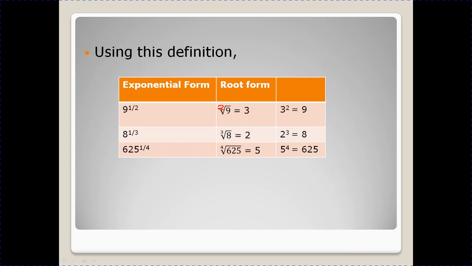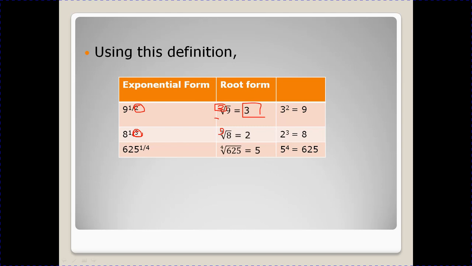So we call this the second root of 9, or square root of 9, which equals 3. Why do I have square here? Because I have 2 at the denominator. What if I have a to the power 1/3? So I have 3 here at the denominator. So this is, as you see, the cube root of a.